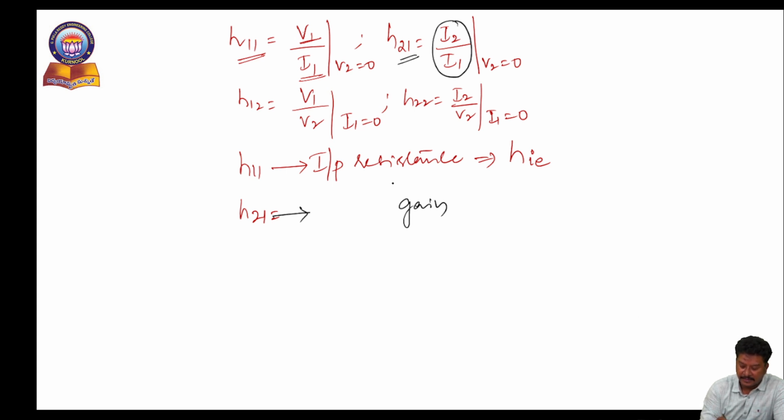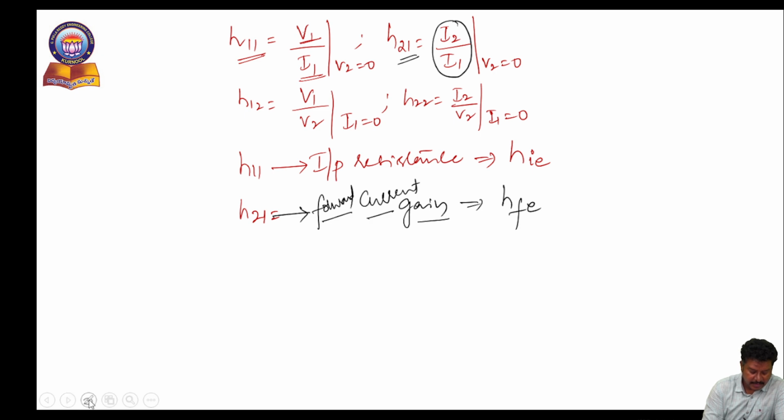And I am observing that it is a current gain, and that too forward current gain. Output by input is forward, input by output is reverse. So I am observing the forward current gain, so I can consider it as hf, and since I am observing these parameters on the common emitter configuration, it is defined as hfe.